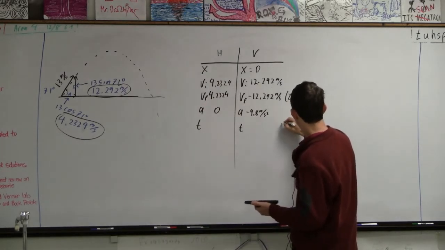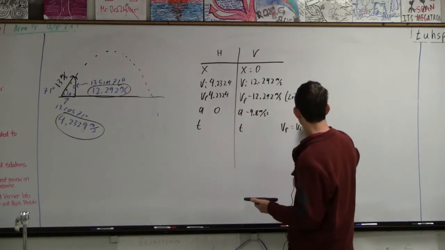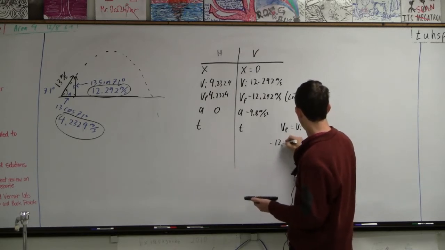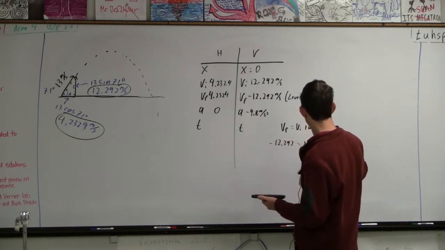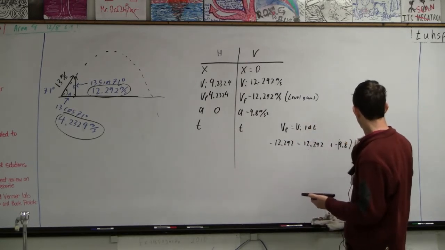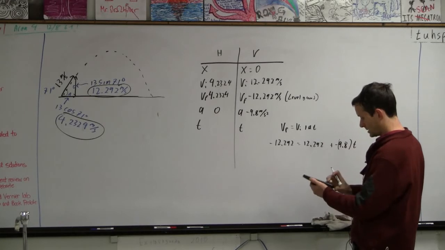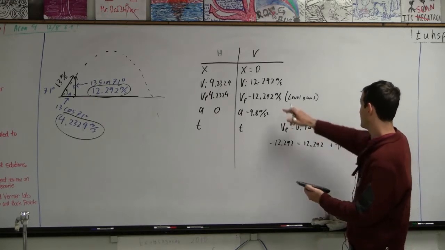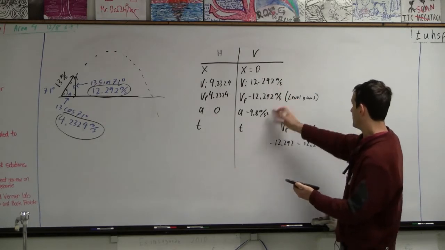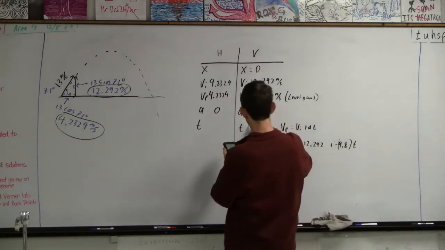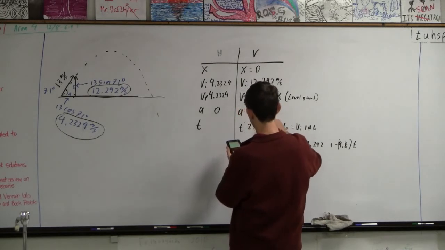I'm going to find time using vf equals vi plus at. So negative 12.292 equals 12.292 plus negative 9.8 times t. Basically, I just take this number, multiply by 2, divide by 9.8. And so the time is 2.5085 seconds.